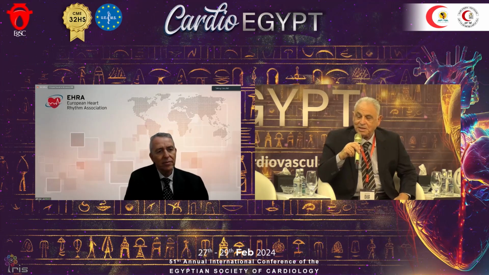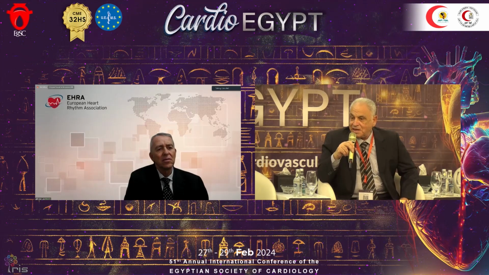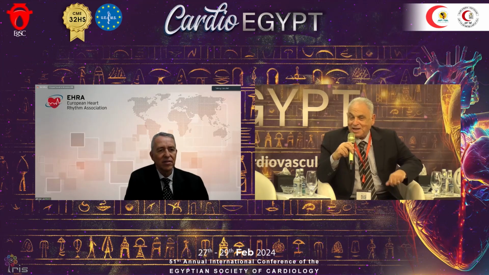As a matter of fact, I was lucky enough to attend the first case of VF ablation with Professor Haissaguerre in Bordeaux. It was a lady presenting with recurrent attacks of VF, and at that time Haissaguerre had a broken hand in a cast, and one of the Brazilian doctors did the case.